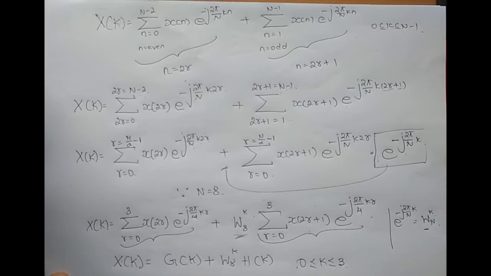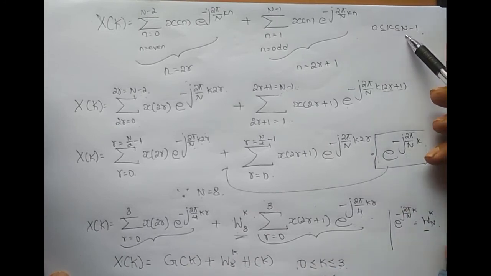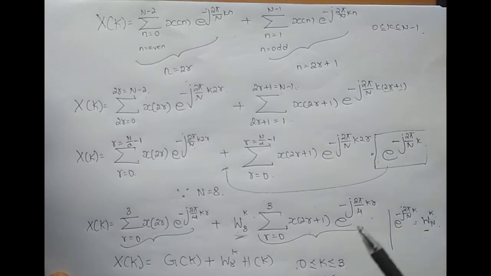Now we started with k varying from 0 to 7, right? So we started with a length 8 sequence, but here k is varying from 0 to 3. But what happened from 4 to 7?